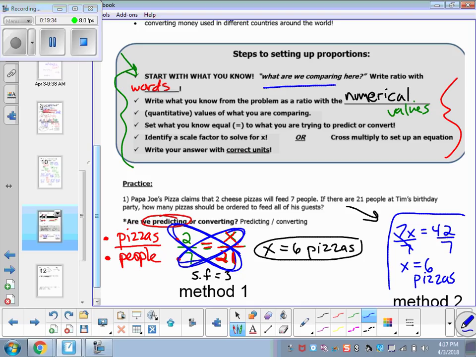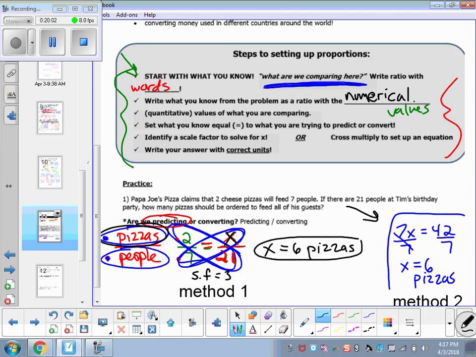So let's go back up here then and talk about our steps. When you ask what we're comparing, you're going to write that down with words. Kind of like down below, we compared the number of pizzas to the number of people that got fed. We write that in words so that now we know anything with pizza is in the numerator and anything with people is in the denominator. Our unknown for this question was how many pizzas we would need. Pizzas is in the numerator.